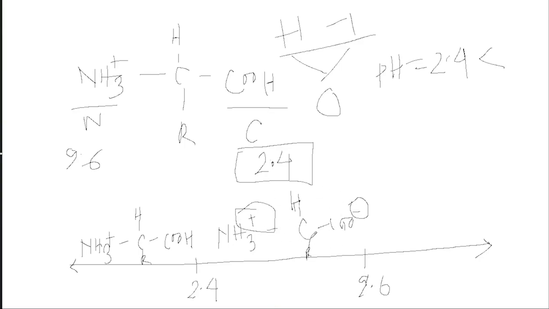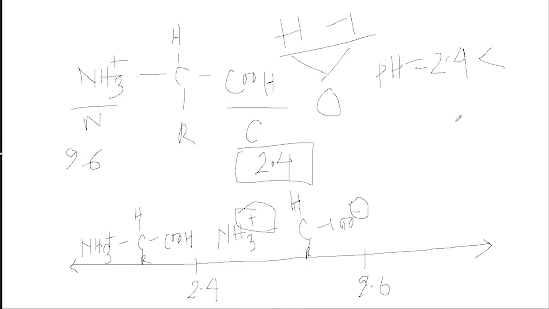And a zwitterion is a compound with charges that actually come down to a net charge of 0. So any solution that has a pH from 2.4 to 9.6 will make this amino acid form a zwitterion. And this is when you calculate the pI.